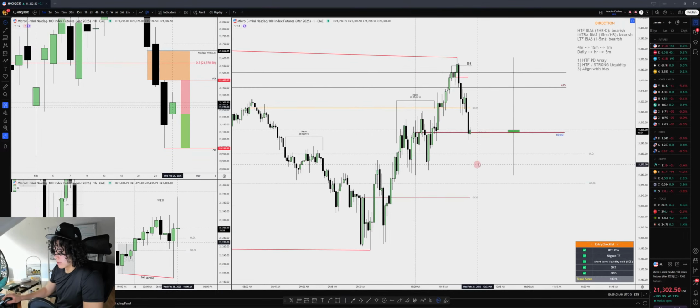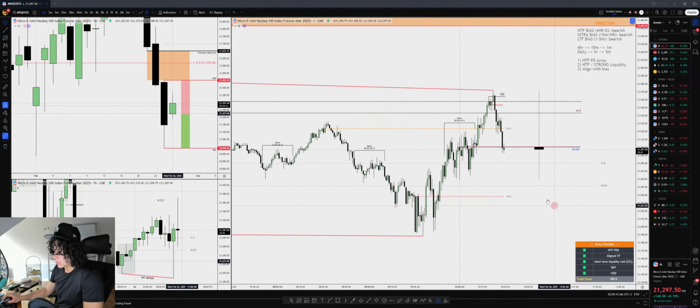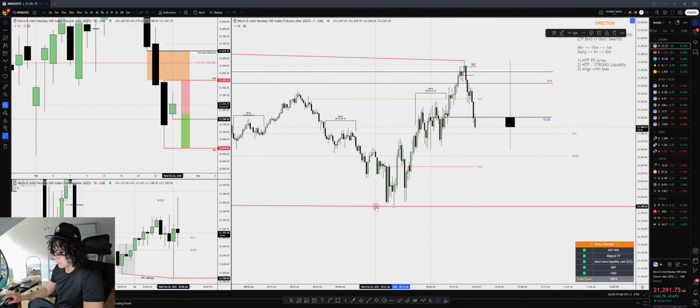If not, then we're probably just going to grind up back above again, but that's only if we get back above the 15 again. So I'm going to tape read this. We're going to see if we get to these lows down here.